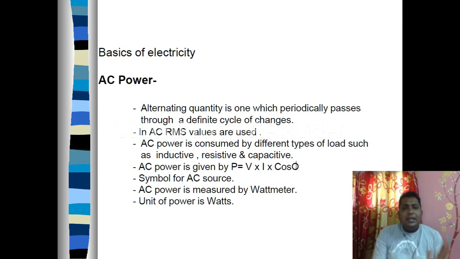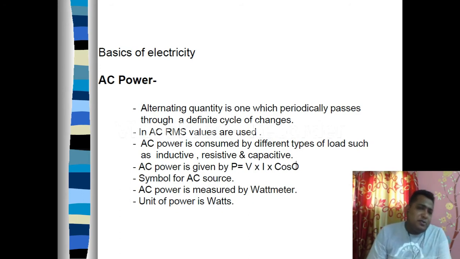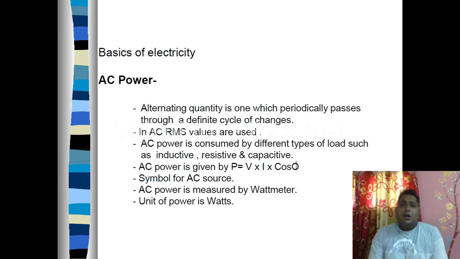Whatever reading you see in the meter is actually the RMS value. So whatever mathematical problem we do and whatever solution we want to find, those are all RMS values.